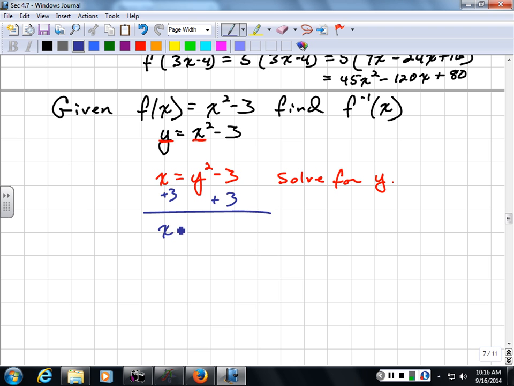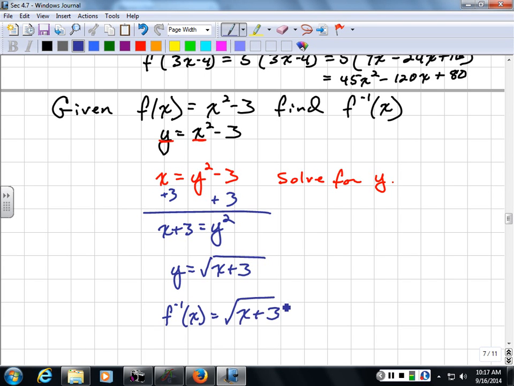X plus 3 is equal to y squared. Take the square root of both sides and get y is equal to the square root of x plus 3. And then rewrite it as f inverse of x is equal to the square root of x plus 3. Remember that? Do you remember that? Because you're looking awful puzzled.